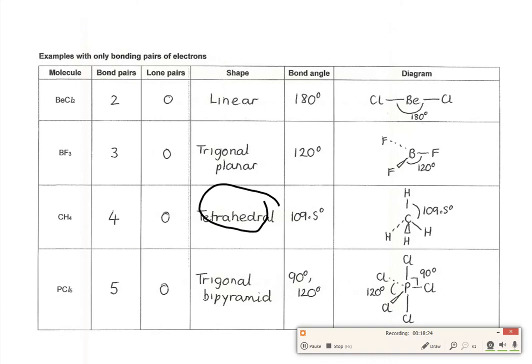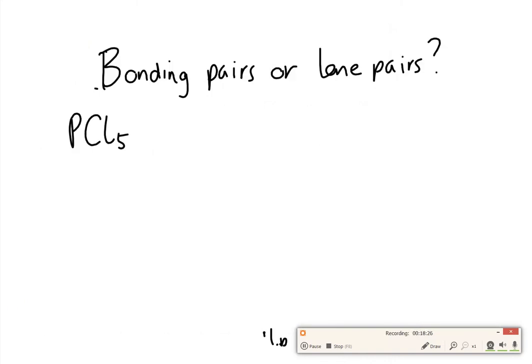Right, another example, PCl5. So again, this is in our notes. So phosphorus on its own, phosphorus is going to be my central atom. I'm going to go to the periodic table, find phosphorus. It is in group 5. So that tells me that phosphorus has 5 electrons in its outer shell. Right, so there are 5 chlorine atoms bonded to phosphorus.